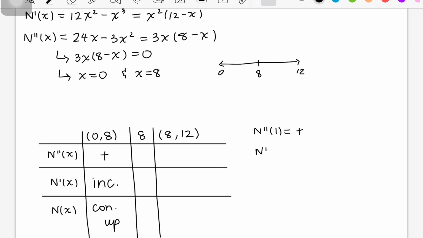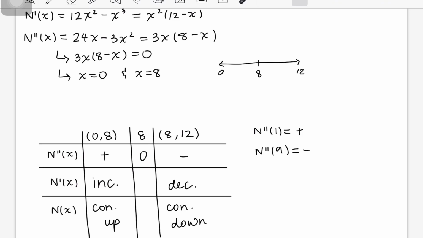Similarly, if we were to plug in a number in our second interval, 8 through 12, this would be negative and this would be positive, so we would get a negative number here. So our derivative is going to be decreasing, and our function is going to be concave down.